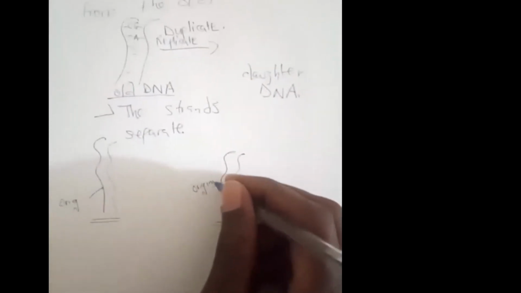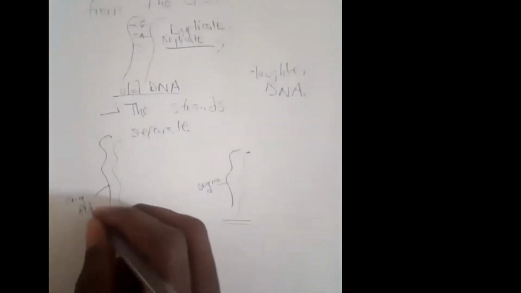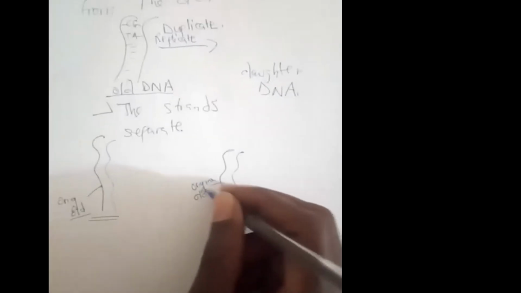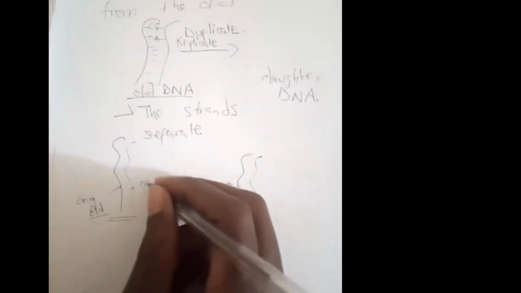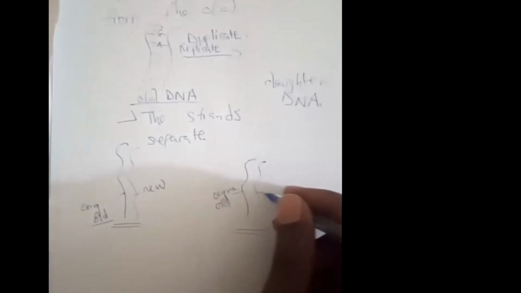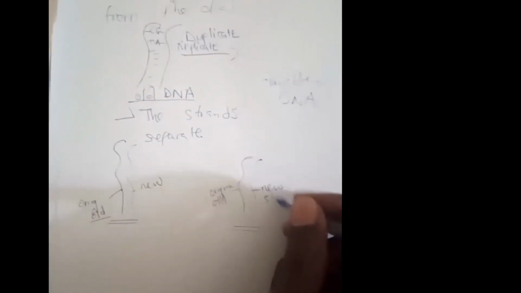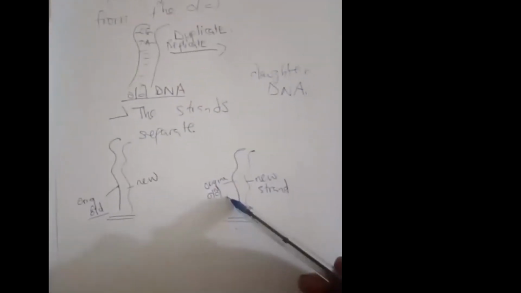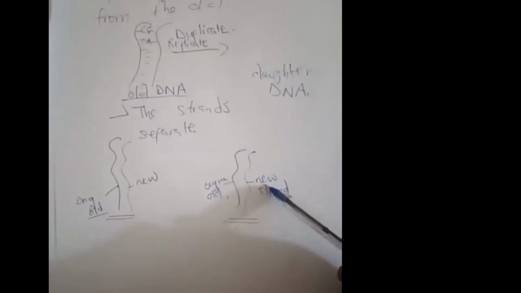Now this original strand, that is the old strand, and the new strand. So the daughter DNA that you're going to produce is going to have an old strand and a new strand.